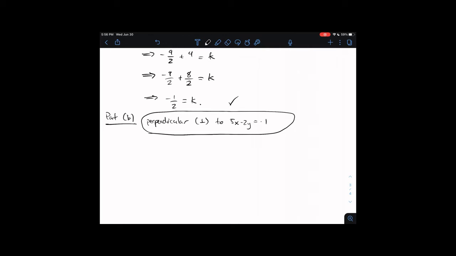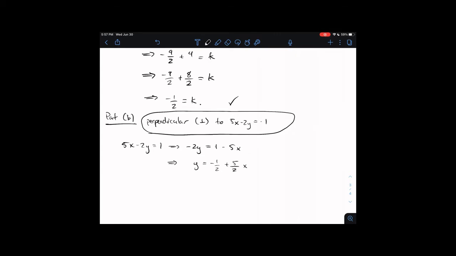So just like the last time we did this, start here. Subtract 5x. So negative 2y equals 1 minus 5x. I'm going to divide by negative 2. So be careful that we bring that negative over.